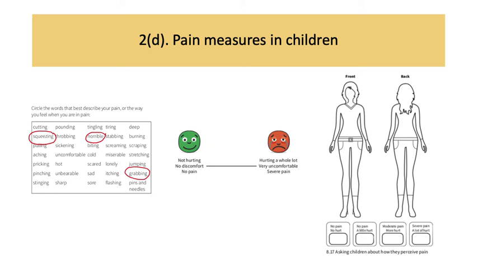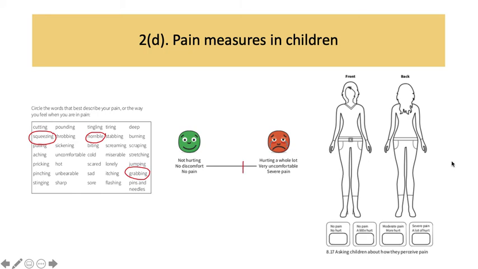Then the child is asked to rate how they feel at the time on a continuum, as well as rating the worst pain they had this week on the same scale. So they label their pain as this much.